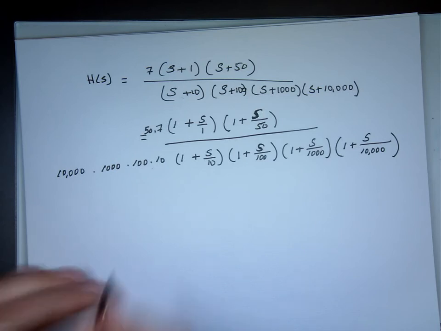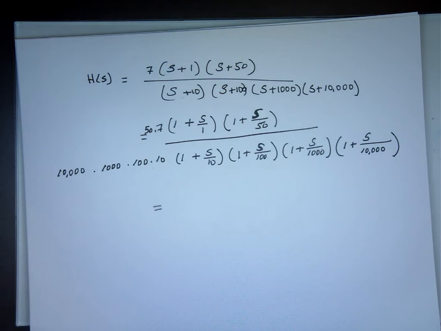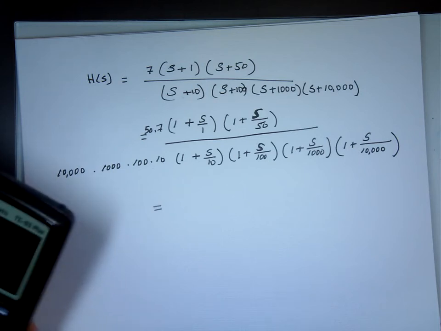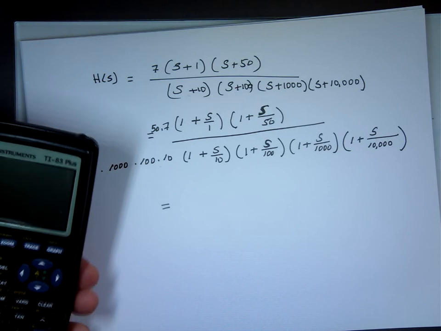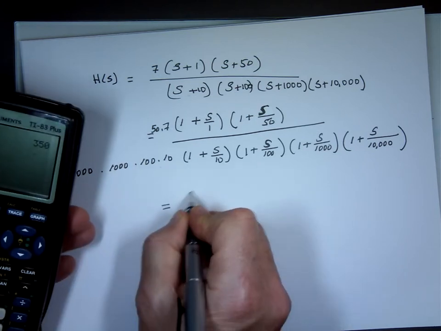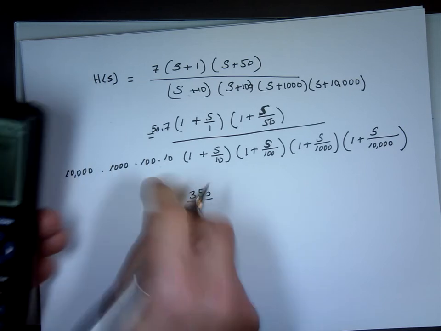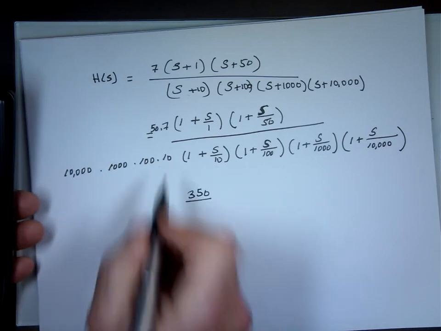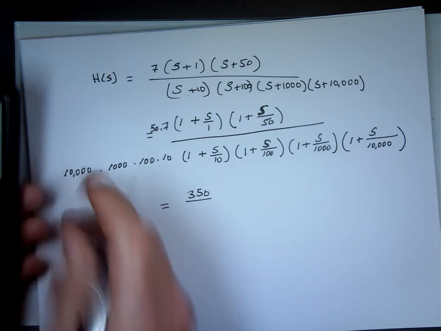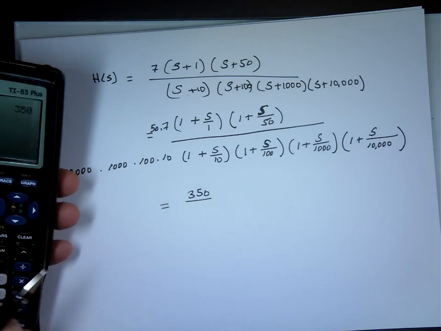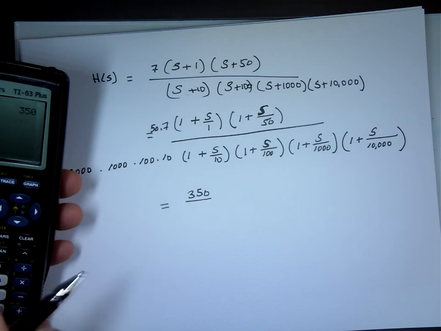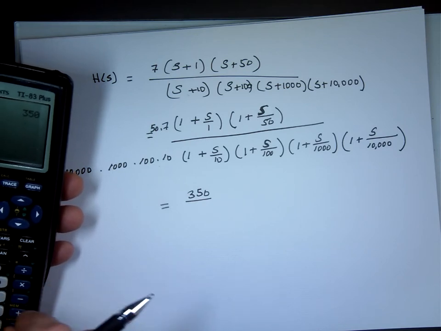So this expression becomes 7 times 50. Let me get a calculator. Seven times 50 is what? 350 divided by this big number, divided by 1, 2, 3, 4, 5, 6, 7, 8, 9, 10, divided by 1 E to the power of 10, right? Where's EE? Oh, I see it. The power of 10.